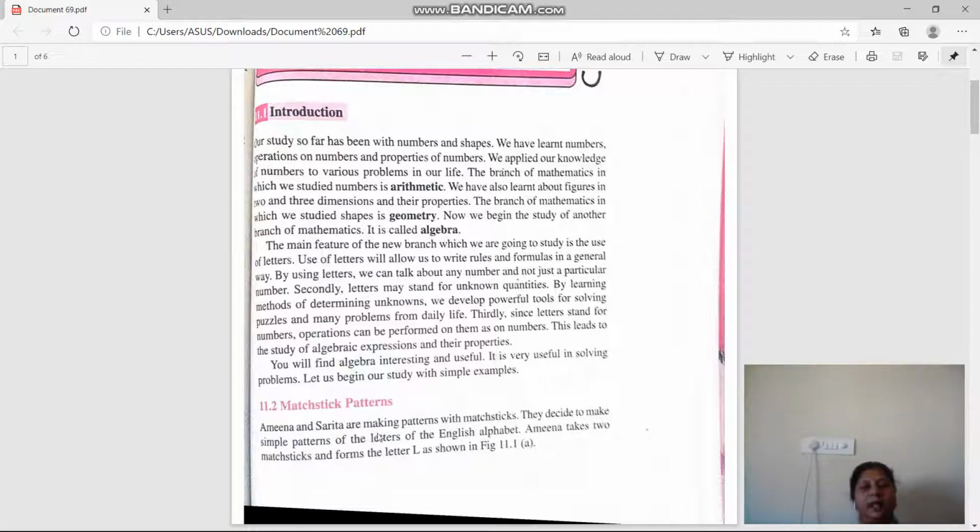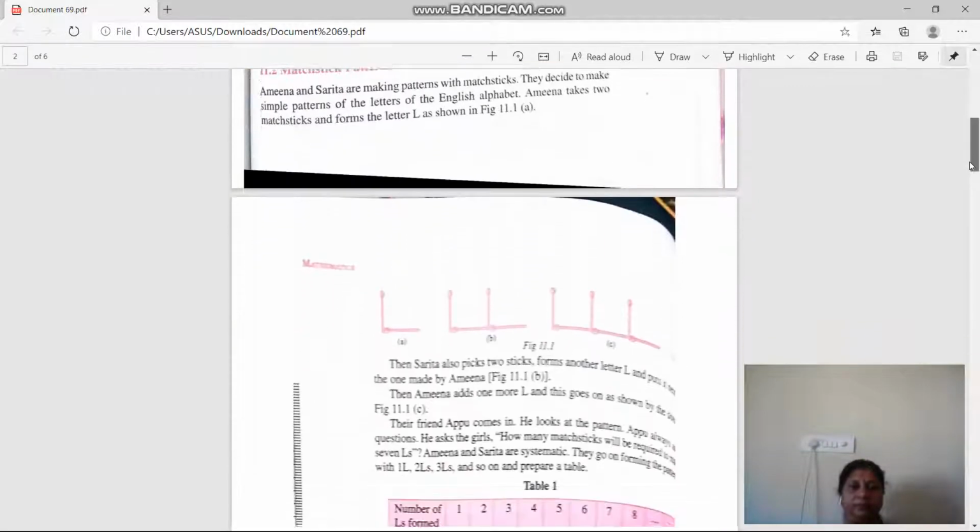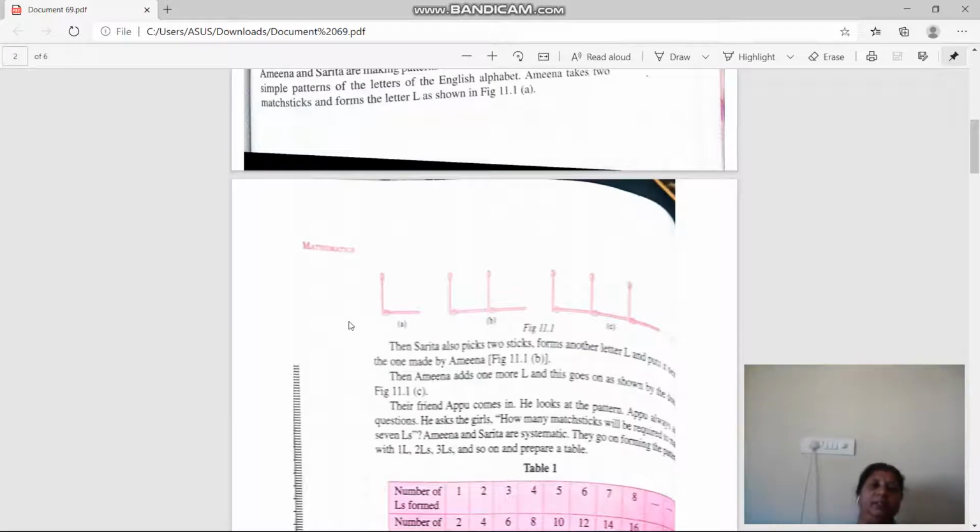Amina and Sarita are making patterns with matchsticks. They decided to make simple patterns of letters of the English alphabet. Amina takes two matchsticks and forms the letter L. Okay, it is capital L, and with the help of matchsticks she forms the letter L. See here, this is one L. After that she made the second also.